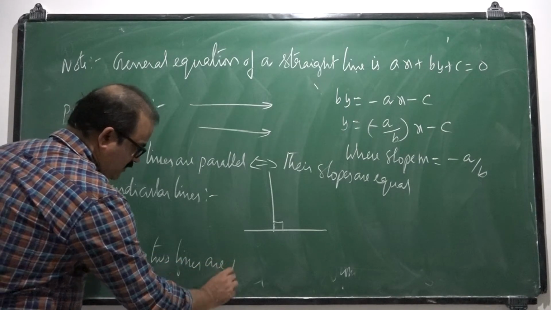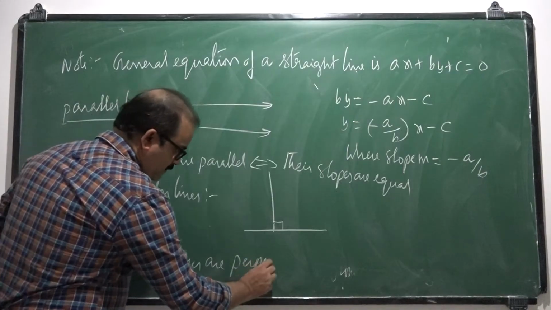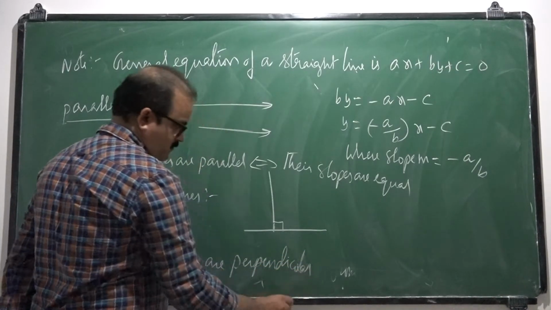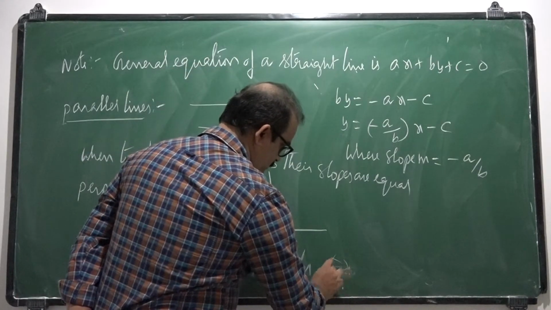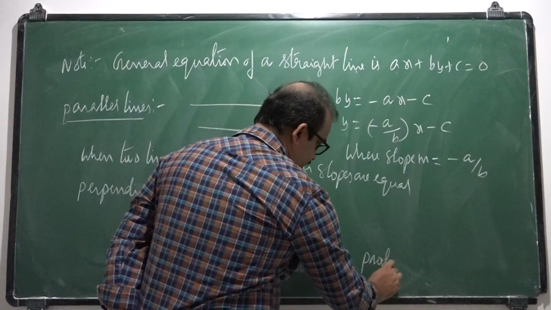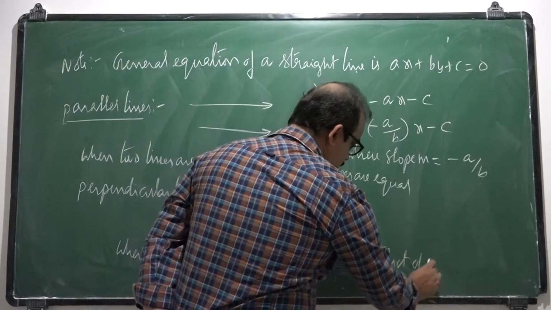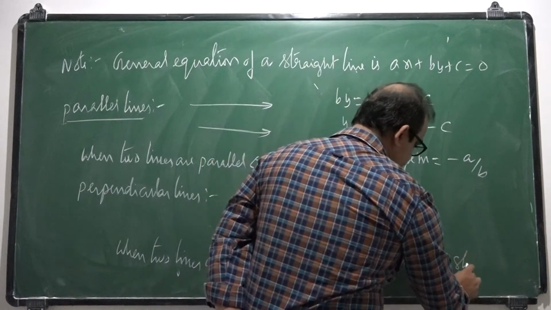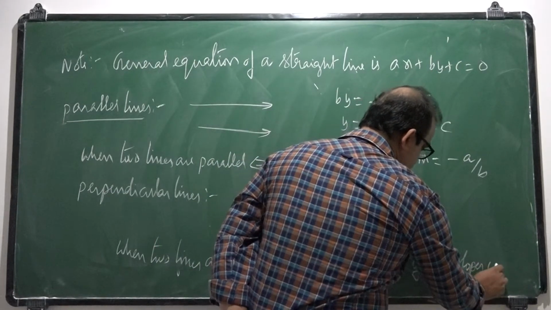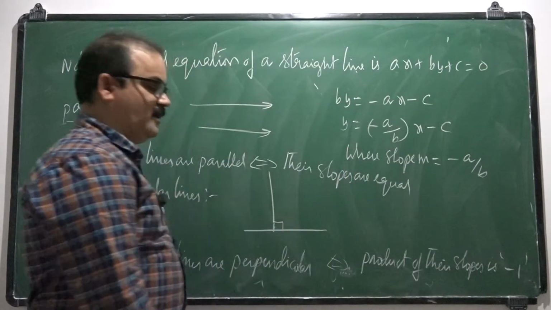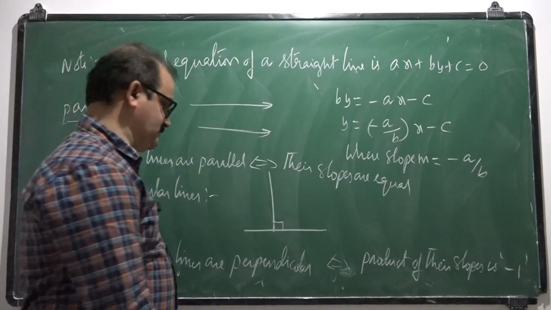Two lines are perpendicular if and only if the product of their slopes is minus 1, m1 into m2 equals minus 1.